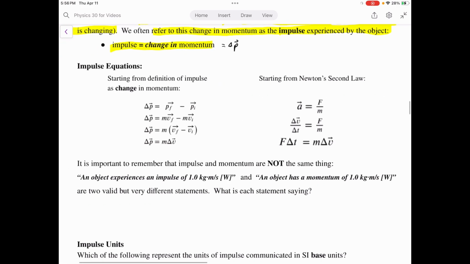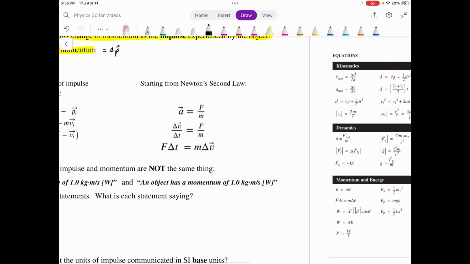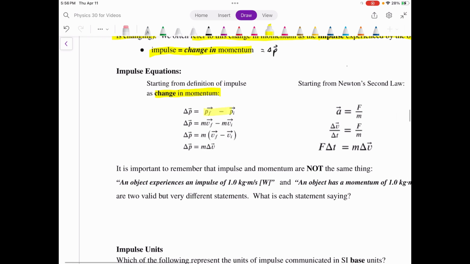So we can start from just the definition of impulse as being a change in momentum, right? Well, change in anything is final minus initial. And so final momentum is mass times your final velocity minus mass times your initial velocity. And then all we're doing here is pulling out the mass as a common factor.